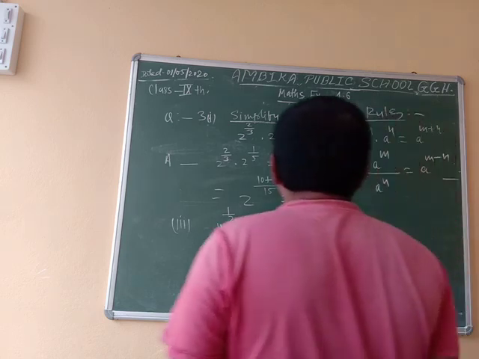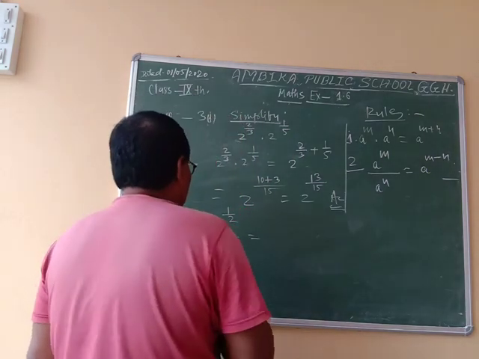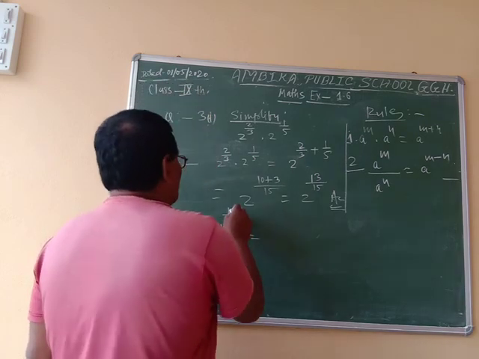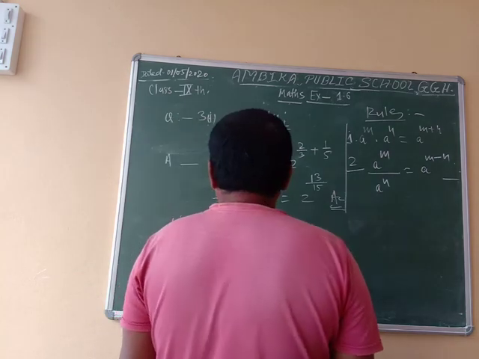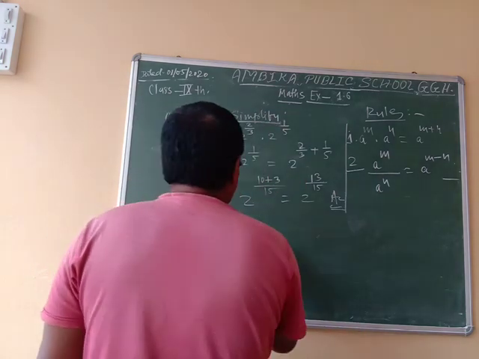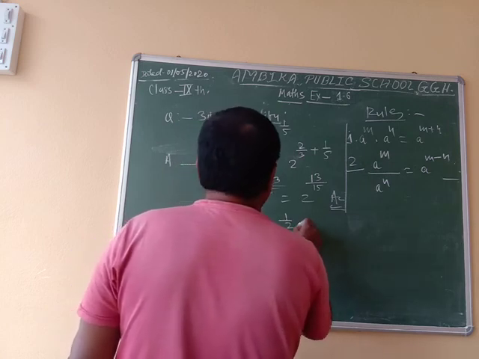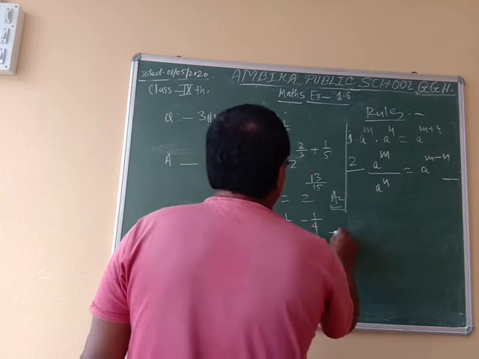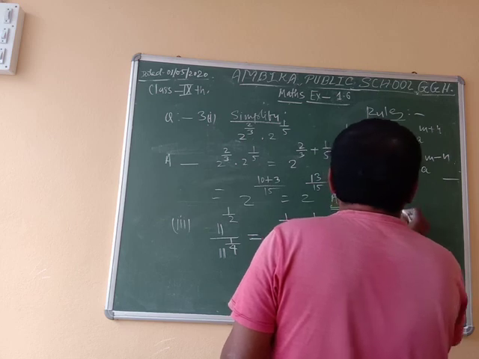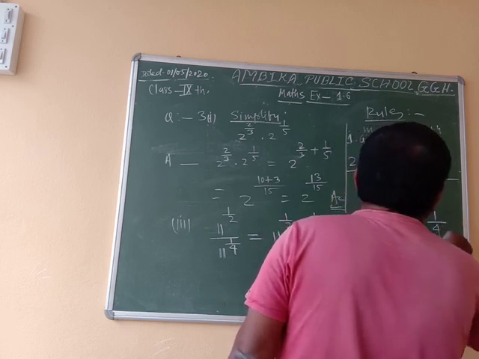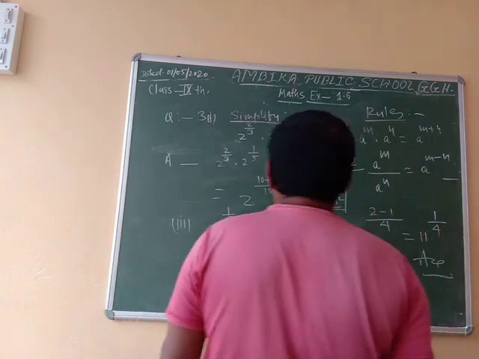Using this formula, here a is 11, m is 1 by 2 and n is 1 by 4. So we can write 11 to the power 1 by 2 minus 1 by 4, which is 11 to the power 2 minus 1 by 4, which is 11 to the power 1 by 4. Hence the answer is 11 to the power 1 by 4.